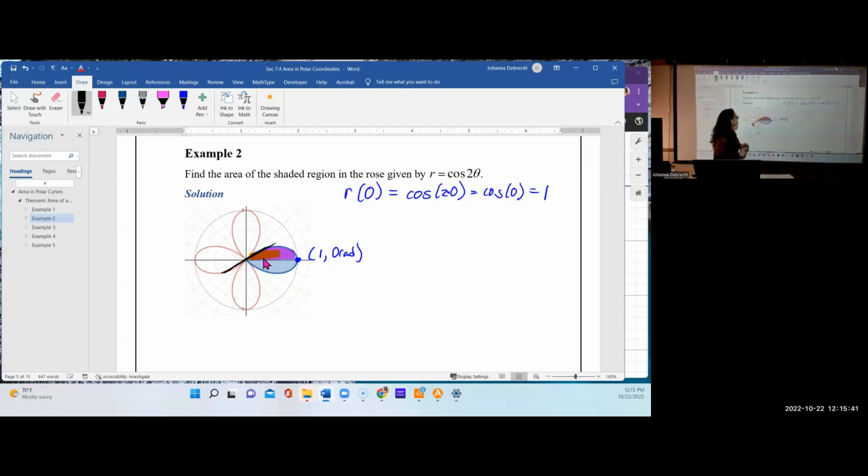So that to me looks like it could be pi over 6, maybe pi over 4, but it sure looks like it's on this pi over 6 line. Now I could test that by seeing if that does lead to the pole, or I can look at this particular equation and I can say, when does r hit the pole? When is r 0? So r is going to be 0 at the pole.